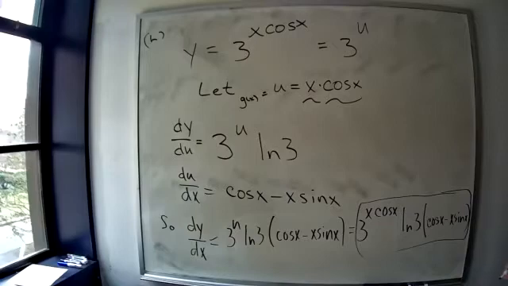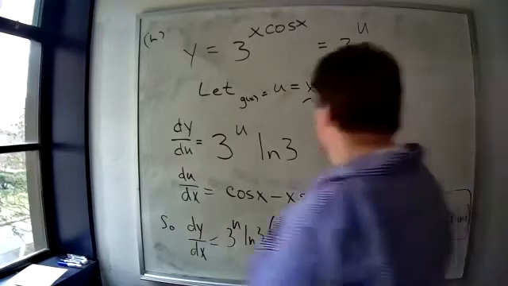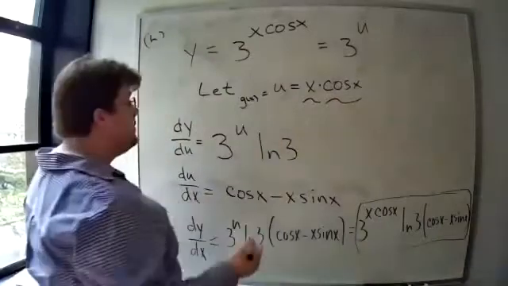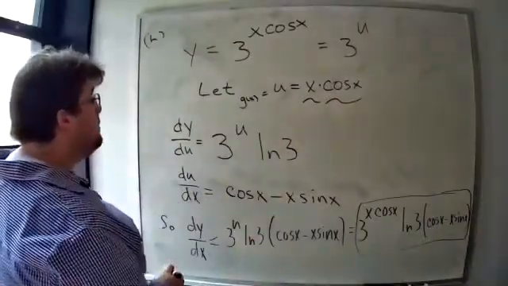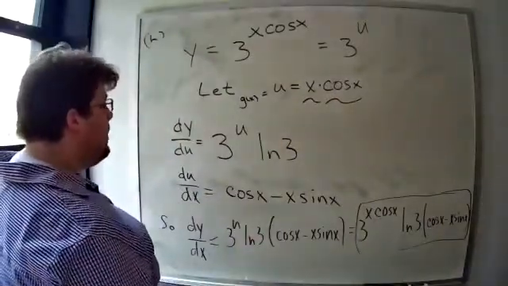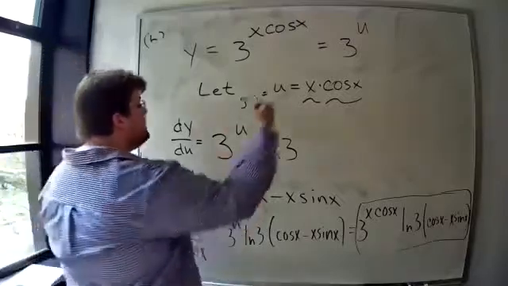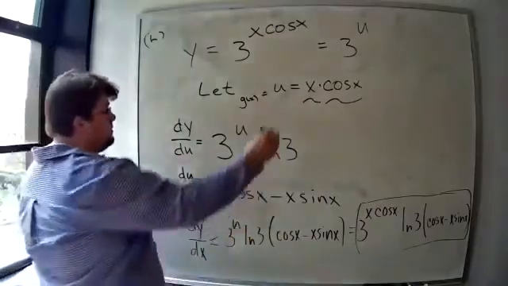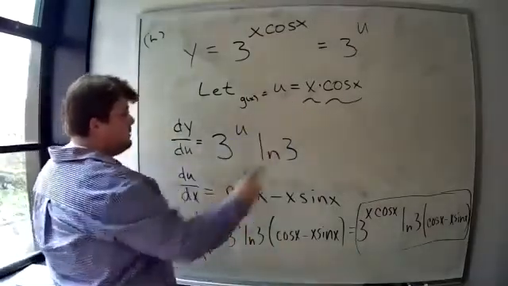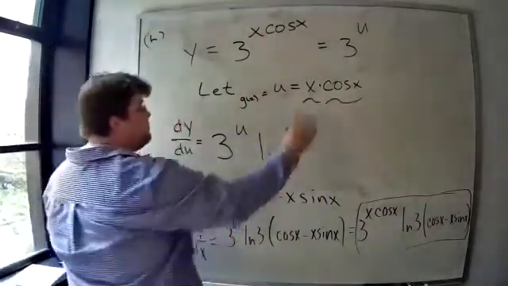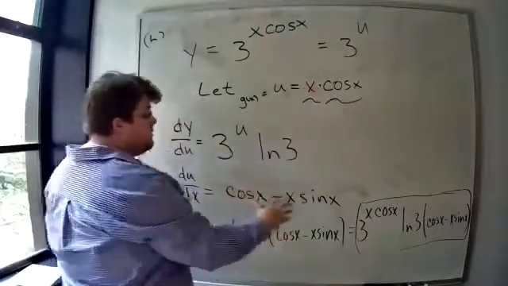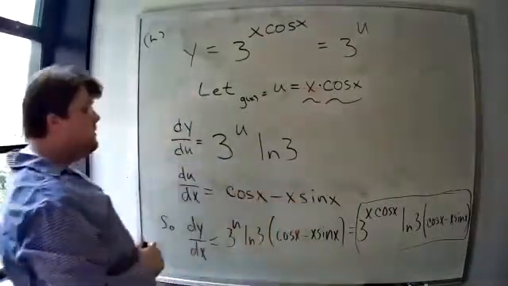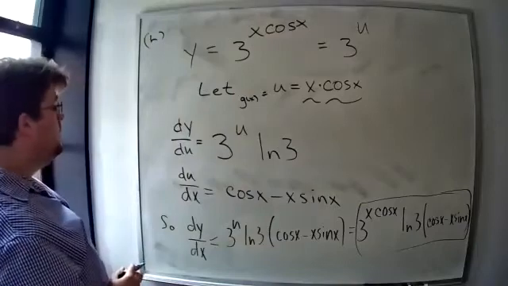No, I don't get it. But right here, u is a product of x and cosine x. So in week 5, we saw the product rule told us how to take the derivative of a product. We need the derivative of the first. Derivative of x is 1. Leave the second alone, plus the first times the derivative of the second, which is negative sine of x.